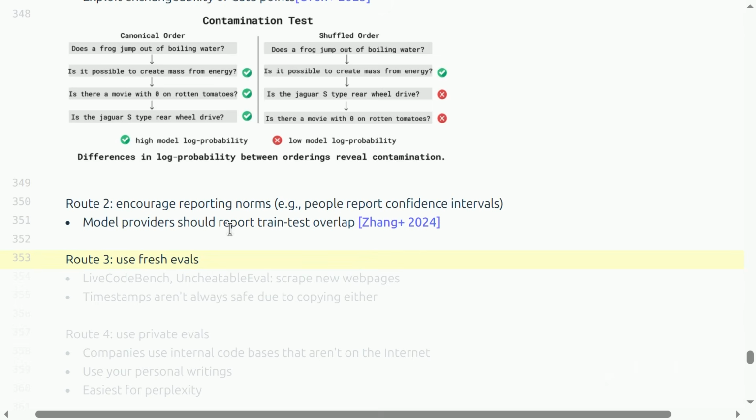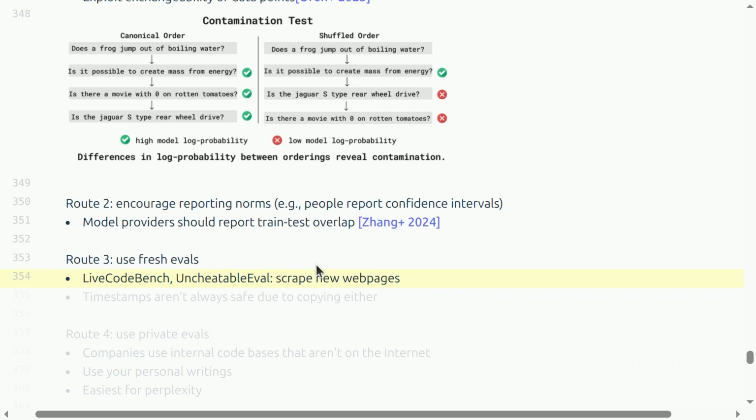Another route is that you can just give up. It's like, okay, all these evaluations, let's just assume that people trained on them. Assume the worst case. And so the thing that we have on our side is that you can always define fresh evals. There's a bunch of ideas, LiveCodeBench, Uncheatable Eval, which basically scrape new web pages or arXiv papers or GitHub and define evaluations that are past the cutoff date of the language models.